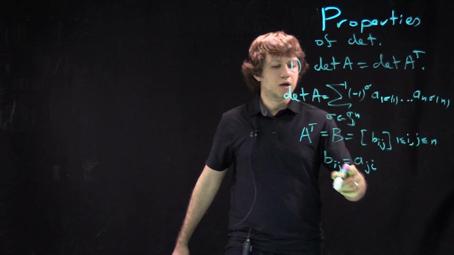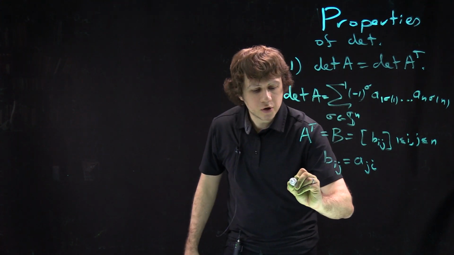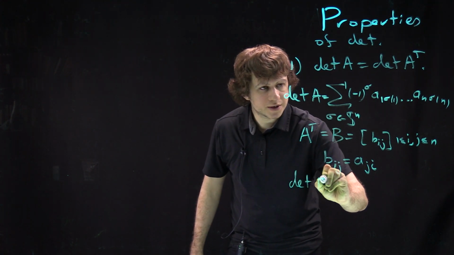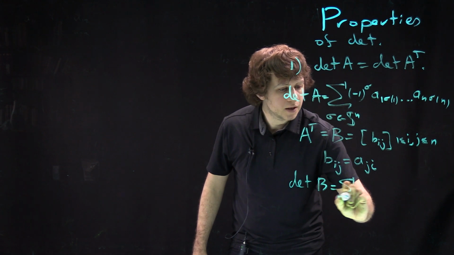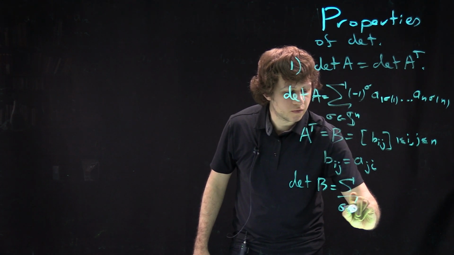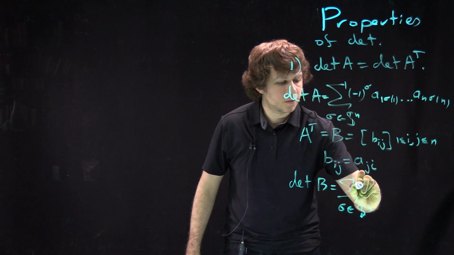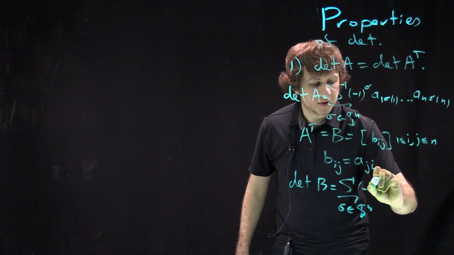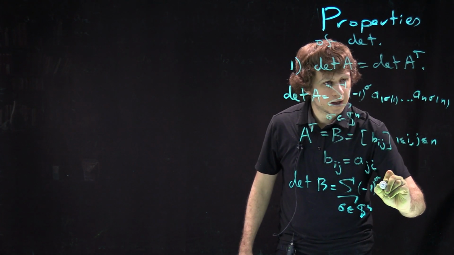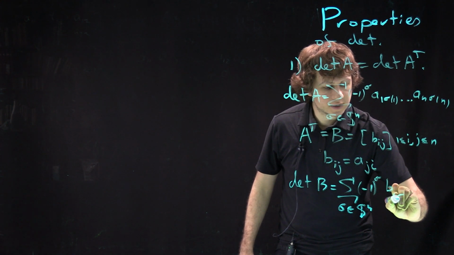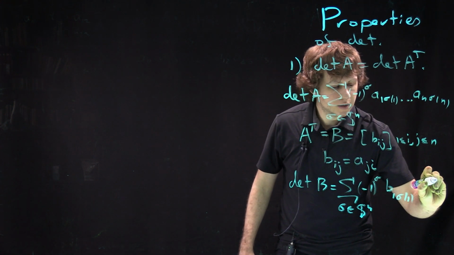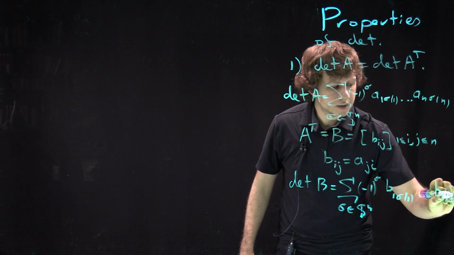You exchange columns and rows. And then the determinant of B, of course, is the same sum over sigma in Sn of minus 1 to the power sigma, times B1 sigma of 1 up to Bn sigma of n.